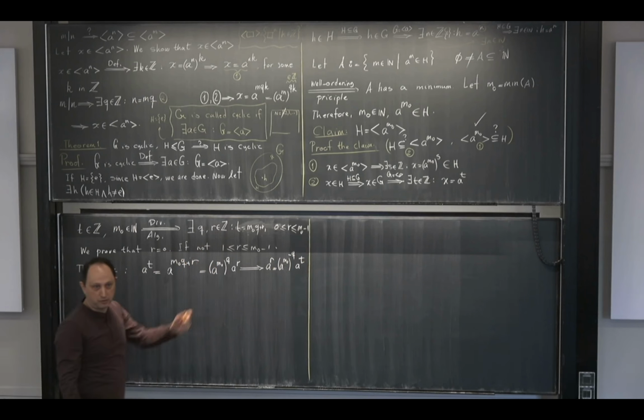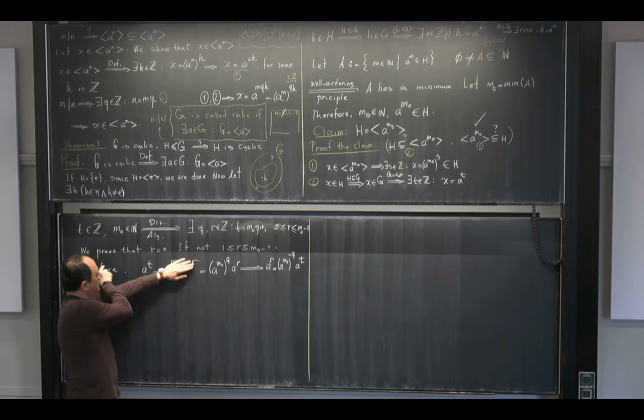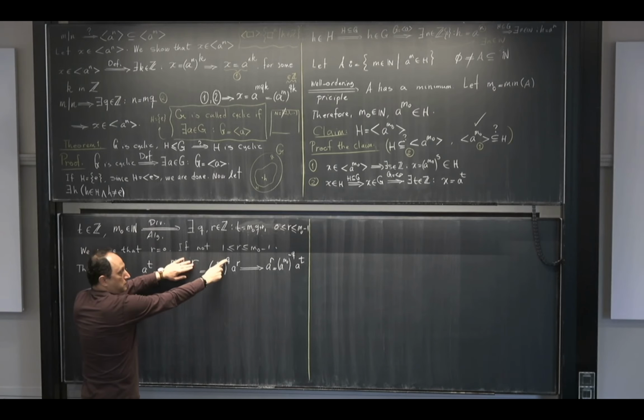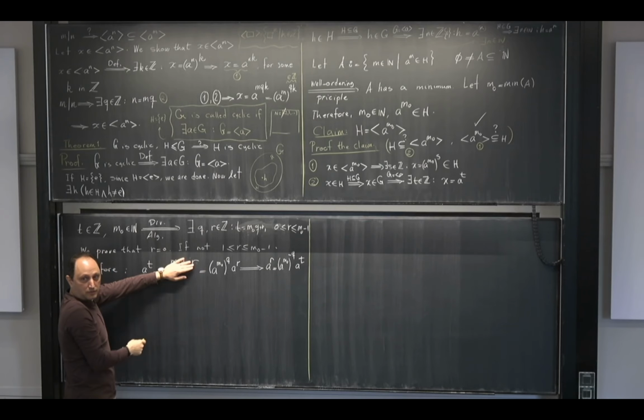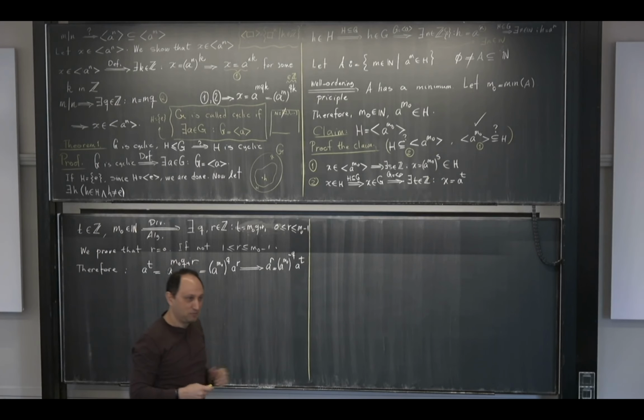Do you agree? I just multiplied from the left by the inverse of this one, which means it is negative. Do you see that? But now, what is the contradiction? The problem is finished.